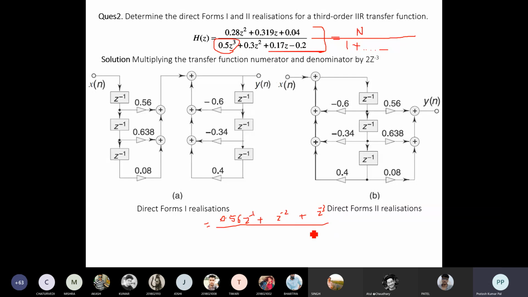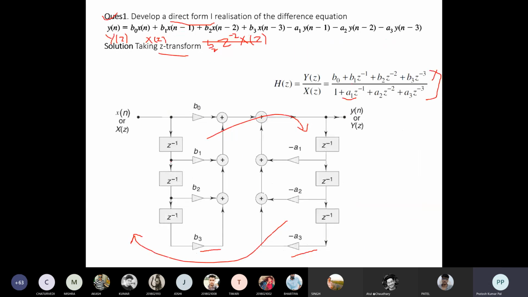One thing we can see in the generalized expression is that b0 is there, and this b0 was multiplied by the input. But here this b0 term is actually 0 in the given example. So this connection will be connected to a 0, that means it is open, there will be no connection between this terminal and this terminal.